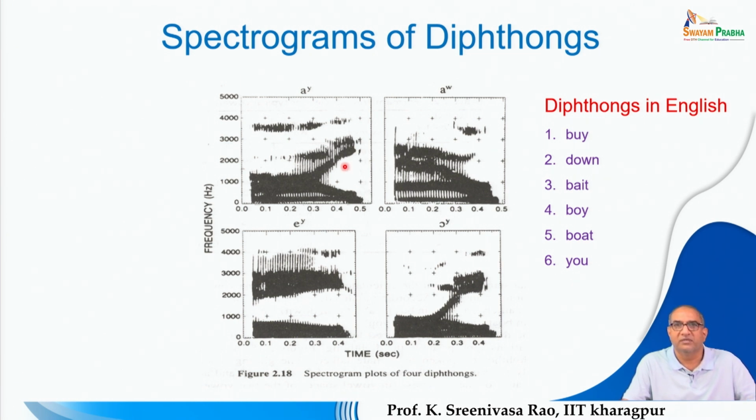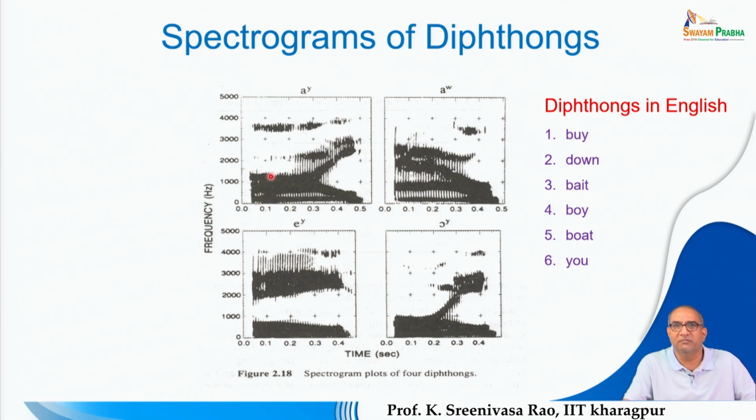Here you can see this is I, and this diphthong is nothing but a combination of A and E. When you try to utter I, we know that we have to utter E at a later point, but the initial sound is A. Therefore at the beginning you have the formant structure corresponding to A, where we have distinct formants at different frequencies, at a lower frequency then mid range and so on.